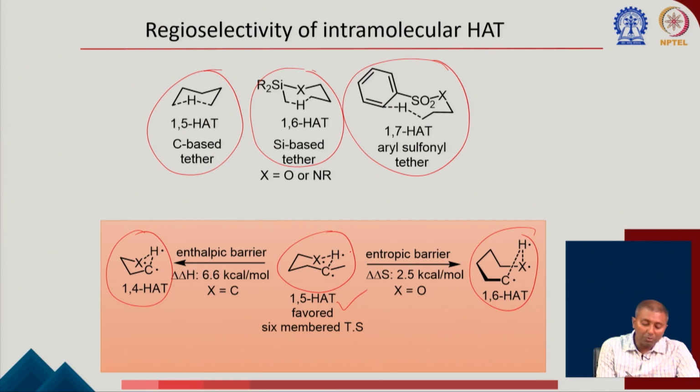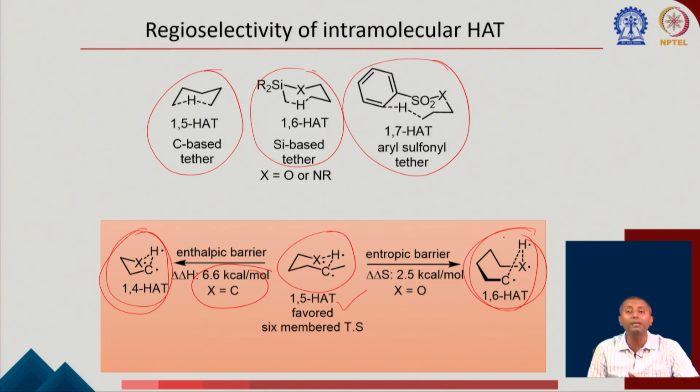But for 1,4 hydrogen transfer, there is a major thing, the enthalpic barrier. The enthalpic barrier is 6.6 kilocalories, which actually prevents the 1,4 hydrogen transfer. And for 1,6 hydrogen transfer, the entropy plays a role. Again, the entropy of the reaction can depend on a lot of other factors. So this entropic factor is actually stopping the 1,6 hydrogen transfer from happening.